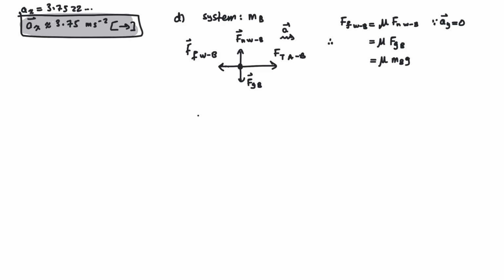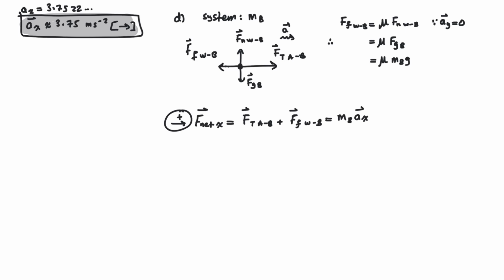Okay, so I am now going to write F net x, and this is going to equal the sum of forces. I'm going to take right to be positive, and my forces acting in the direction of acceleration are the tension force and the force of friction. And that's going to equal the mass of my system, which is mass B, multiplied by the acceleration.